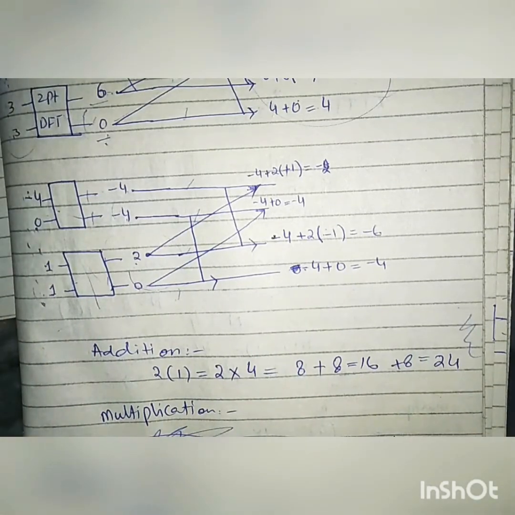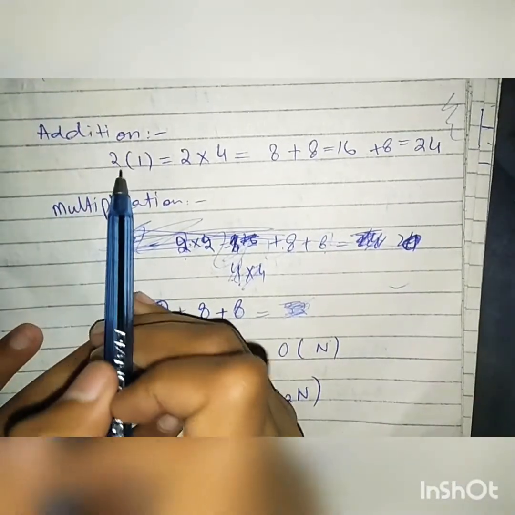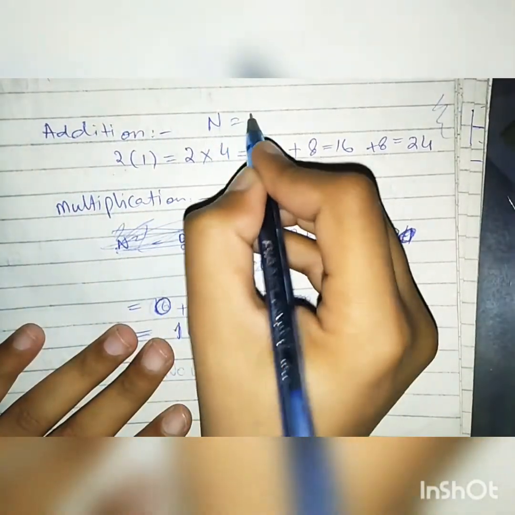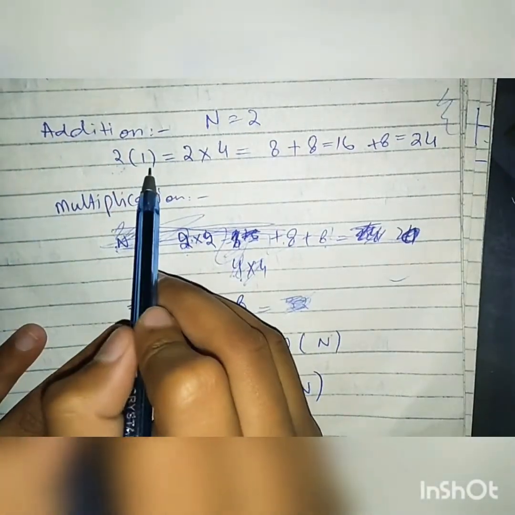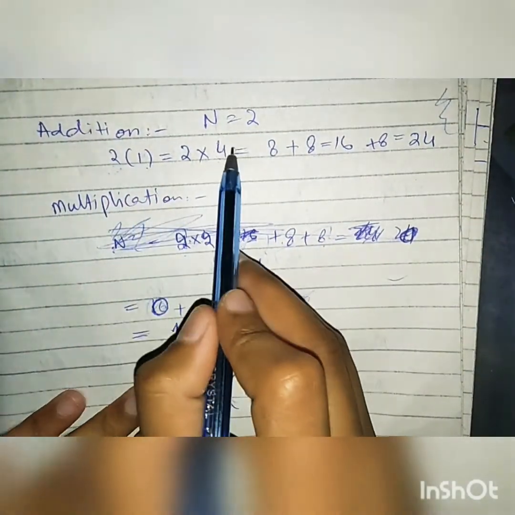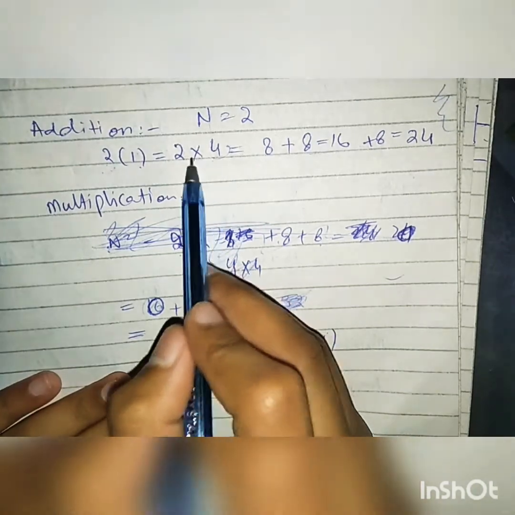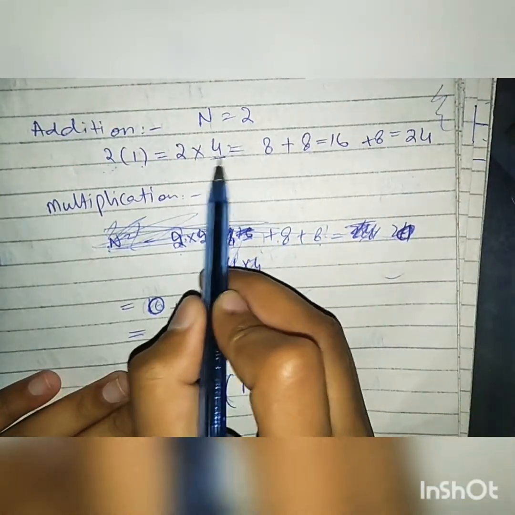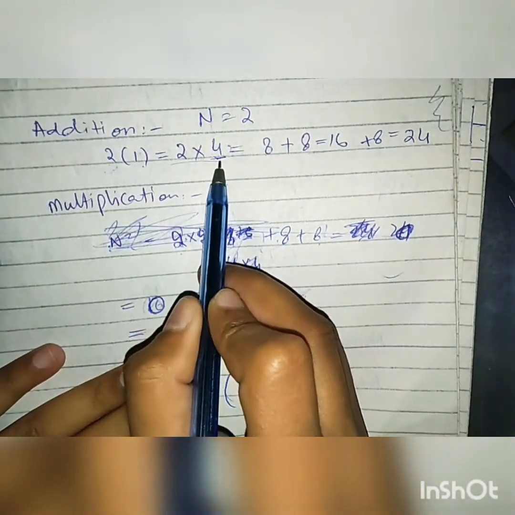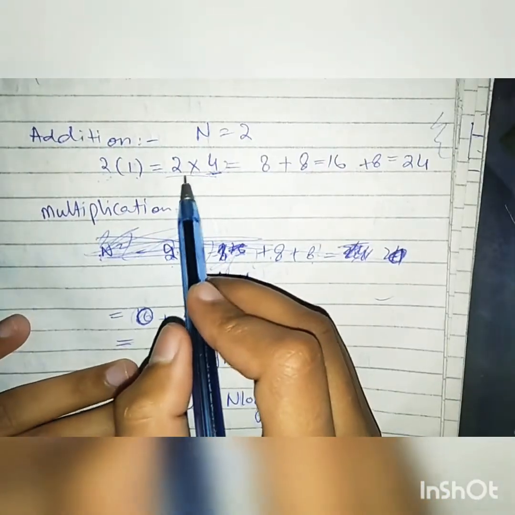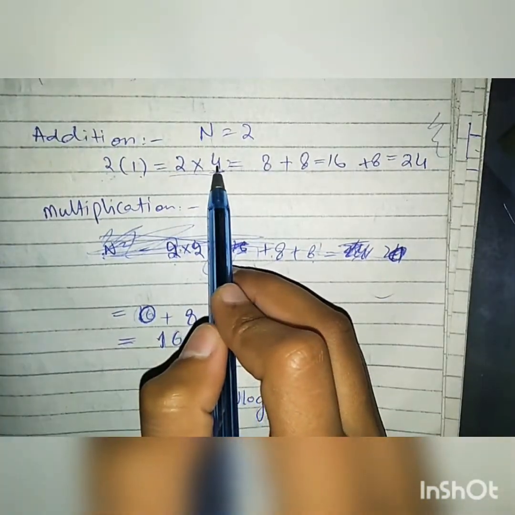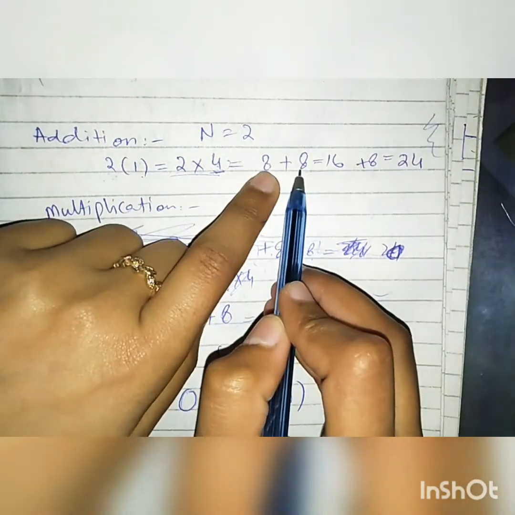So after all that we can conclude that in terms of additions, we had n equal to 2, so we are left with 2 into 1, and then we had done 4 iterations. For the 4 times we are multiplying it with 4, so we have got 2 plus 4 is 8. And why 8 plus 8?